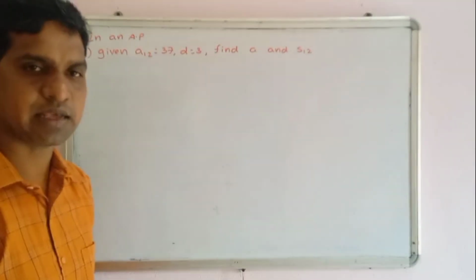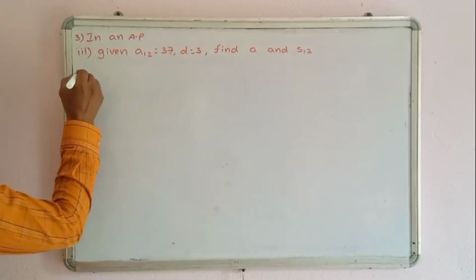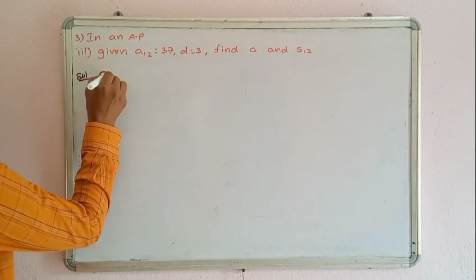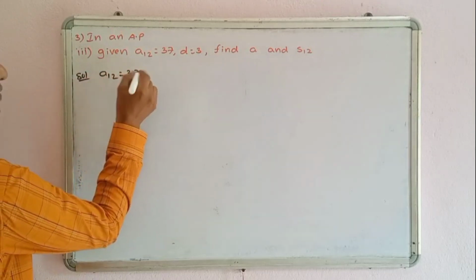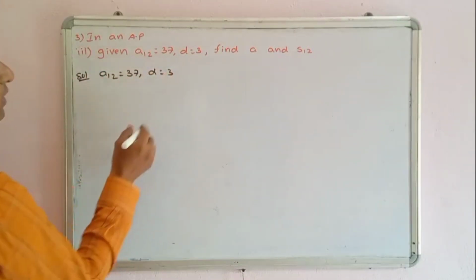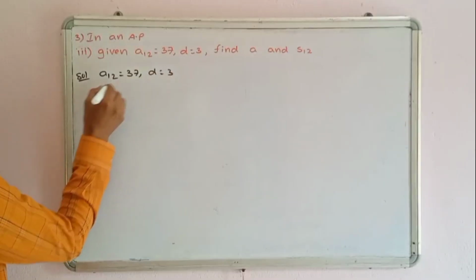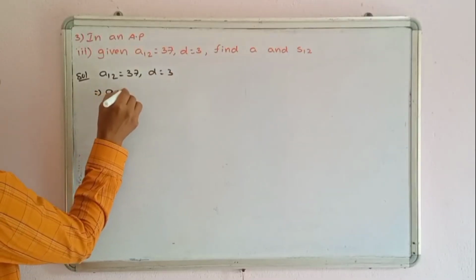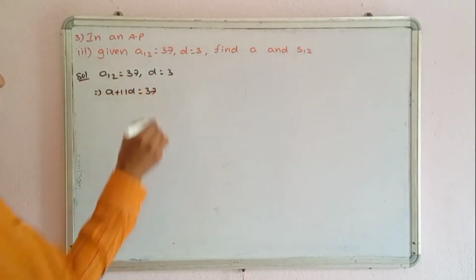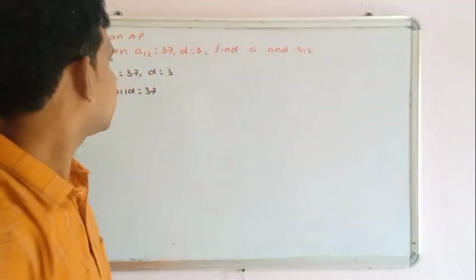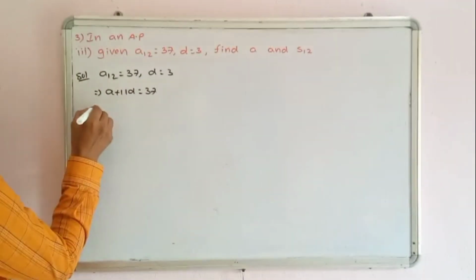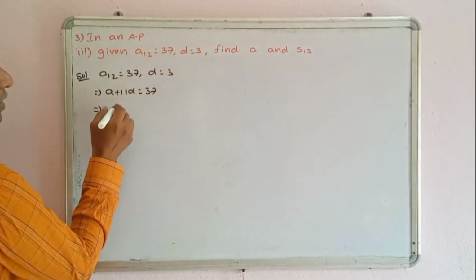Find A and S12. What is given? A12 equals 37, D equals 3. What is the A12 formula? A12 equals A plus 11D equals 37. Now we will find the value of A and S12. A value I don't know.